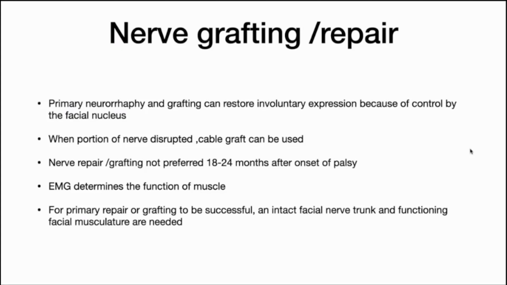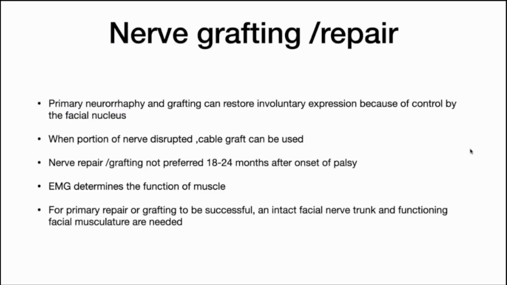But for that, we should know that the function of the muscle is there, so an electrodiagnostic test, EMG, is done, which determines the function of the muscle. For primary repair or grafting, we also need an intact facial nerve trunk and functioning facial musculature.